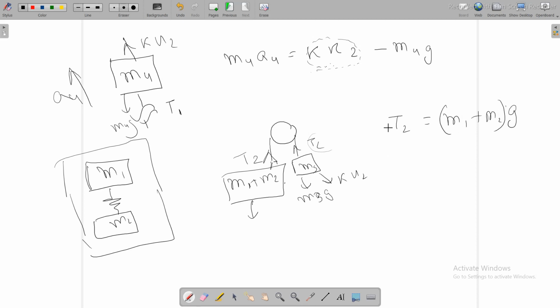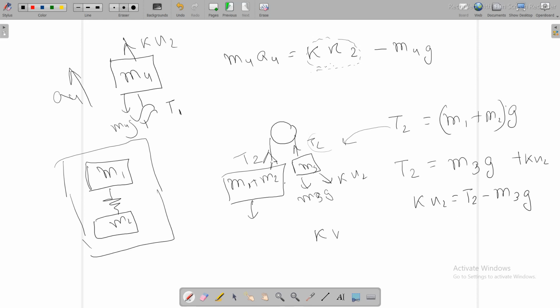Now, we can replace t2 in this equation, where t2 is equal to m3g plus kx2. Therefore, kx2 is equal to t2 minus m3g.